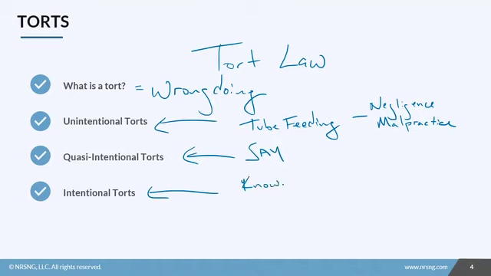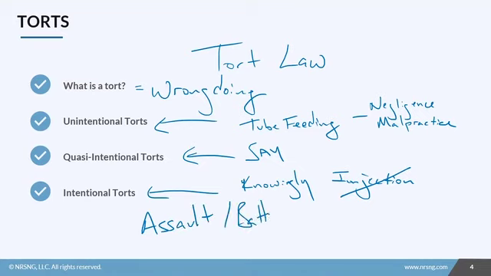So things like giving an injection to a patient. If you give an injection to a patient and they refuse it, but you give it anyway, that is knowingly and willfully causing harm to a patient. This can result in assault or battery or both.